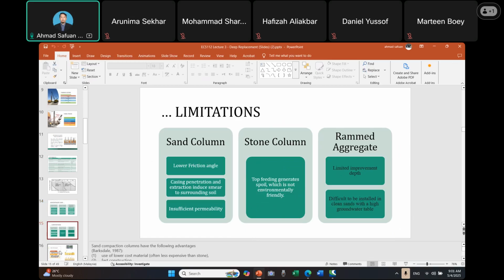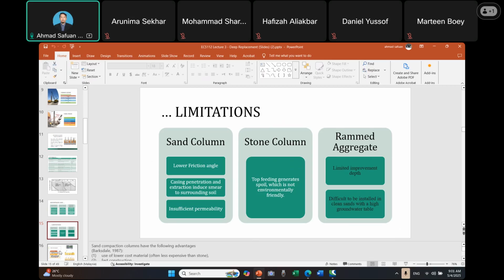This is the limitation for the same type of methods. For the sand column, lower friction angle, and casing penetration and extraction induce smear to surrounding soil. Smear is during the installation, so there will be a potential of disturbance.